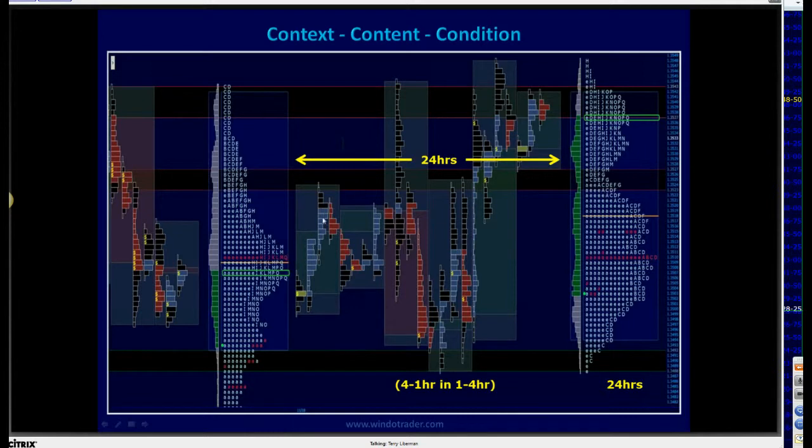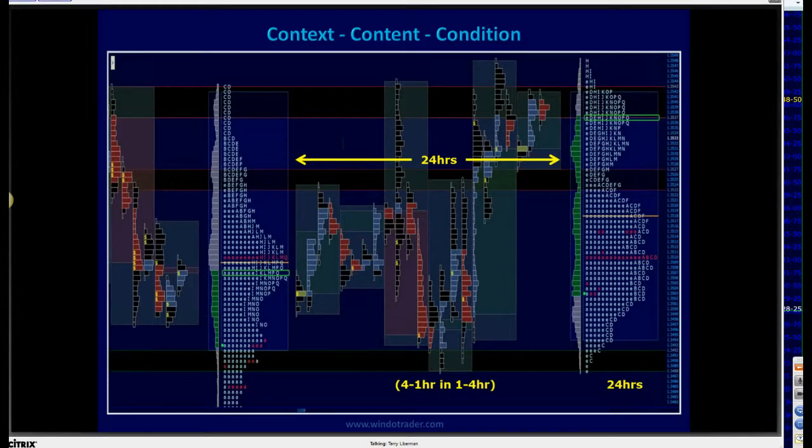Now he happens to use 4-hour candles, and within those 4-hour candles he has four 1-hour volume profiles or volume histograms. Each one of these is colored like a candlestick, so he can readily see not only the volume inside of that 4-hour candlestick, he can see the volume for each hour.